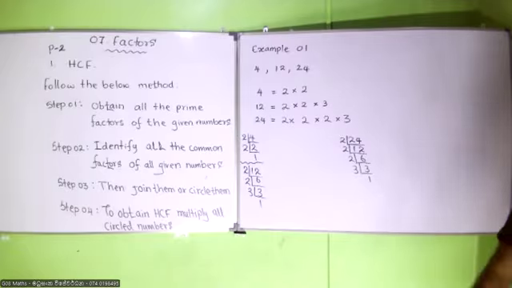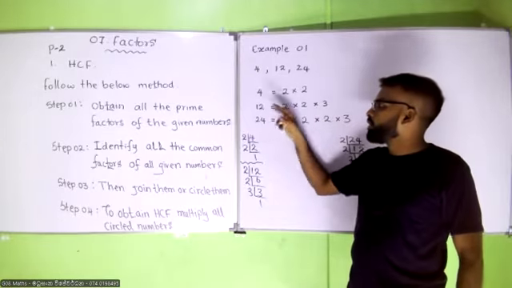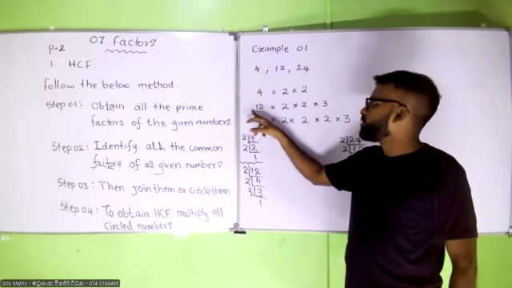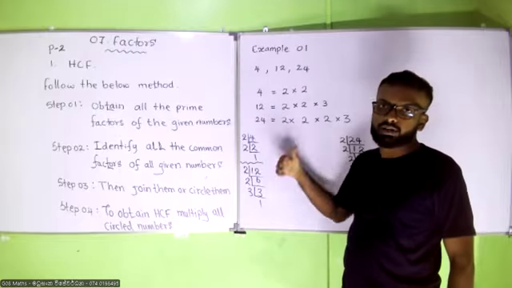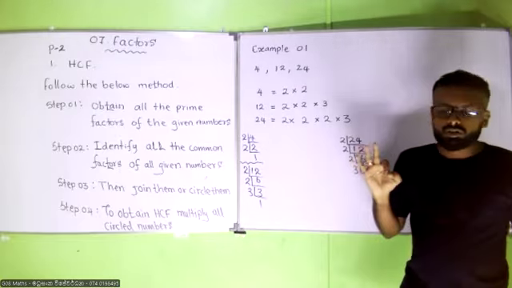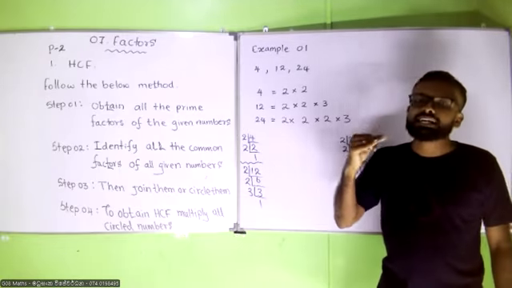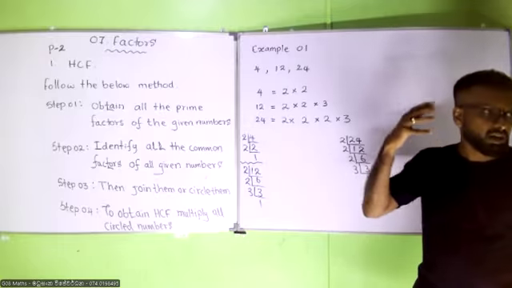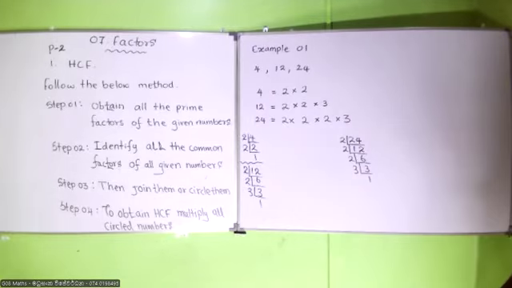You know how to convert 12 into prime factors, and 24 into prime factors. So don't try to look at the board each and every time. Remember correctly. If you are stuck, then look at the board.